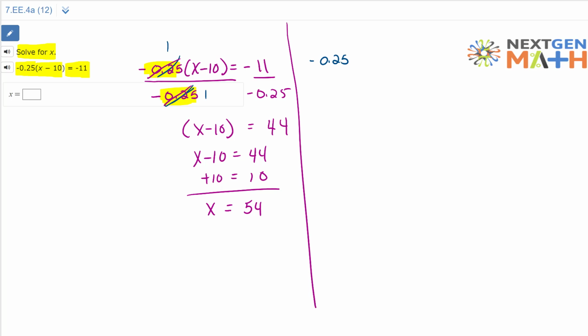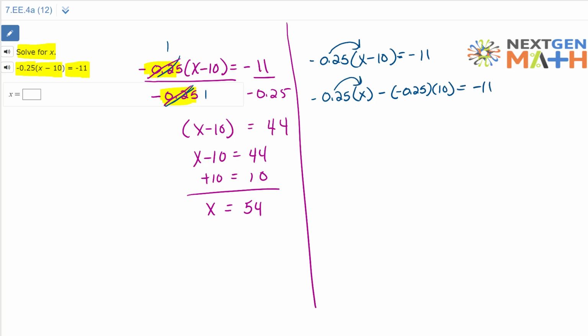A second way we can solve it is like this. Here's our equation, and so now we can distribute. We have negative 25 hundredths multiplied by x, minus a negative 25 hundredths multiplied by 10 equals negative 11.